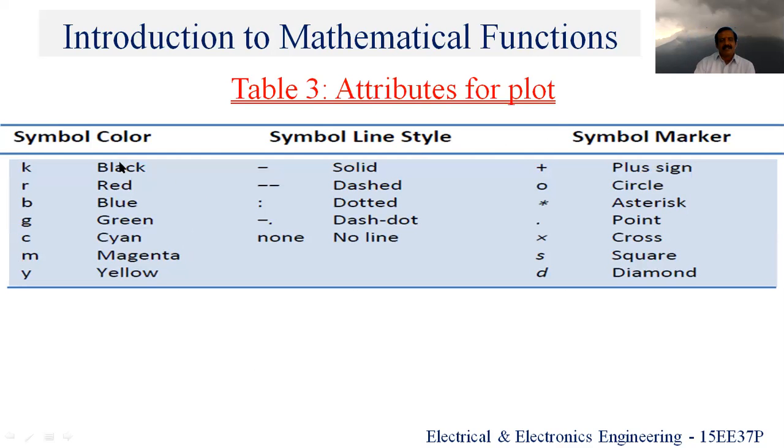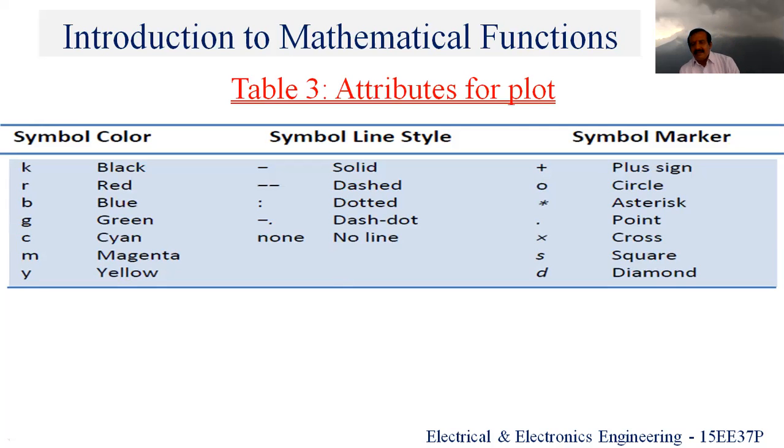Now for the color, K is for black, R is for red, B is for blue, G is for green, C for cyan, M for magenta, and Y for yellow. Similarly, this is the solid line, this is the dashed line, this is the dotted line, and dash dot, and no line. No line default means it is a continuous line here.